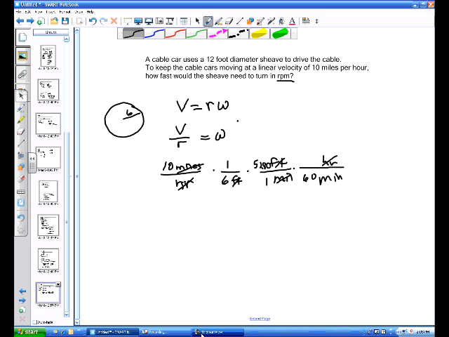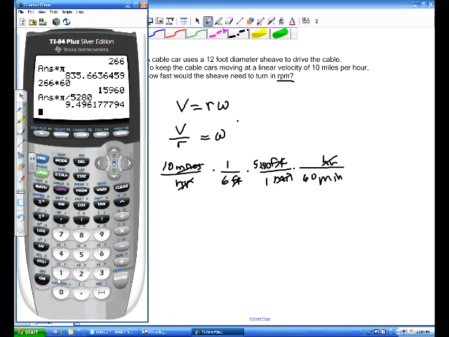Now let's get the calculator out. And we've got in the numerator 10 times 5,280. Then we want to divide that, and we need the parentheses for the denominator, 6 times 60, or you could have done that in your head.